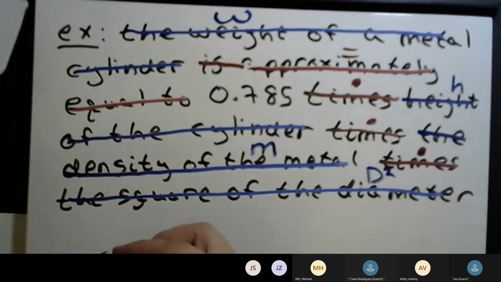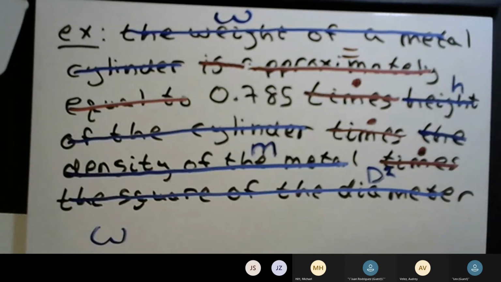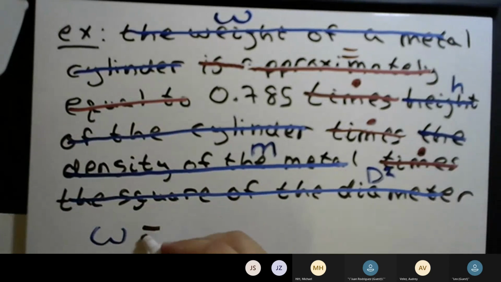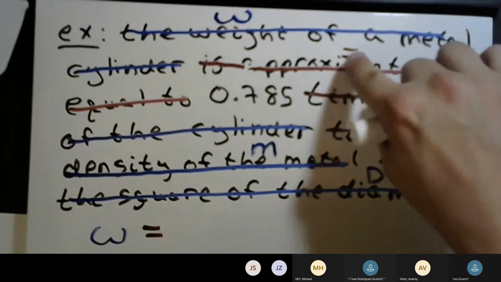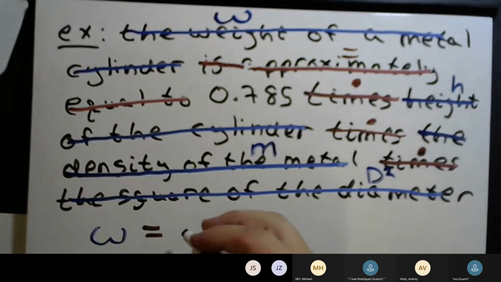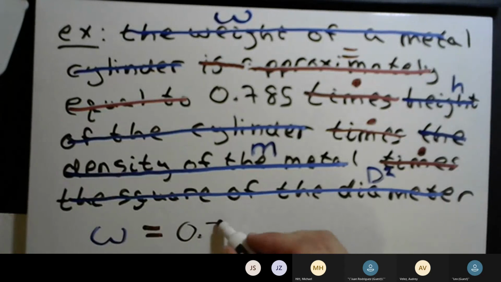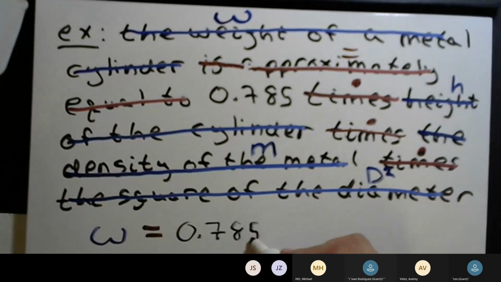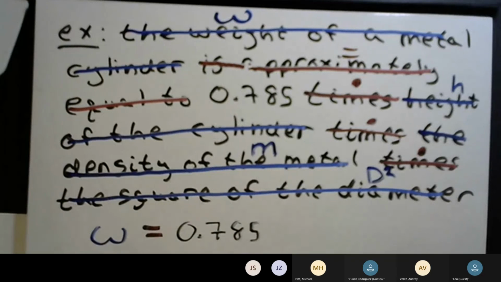So we got a W. We've got an equals. Then we have this number. Well, this one survived. Seems like everything got crossed out. 785 thousandths. There's a times.